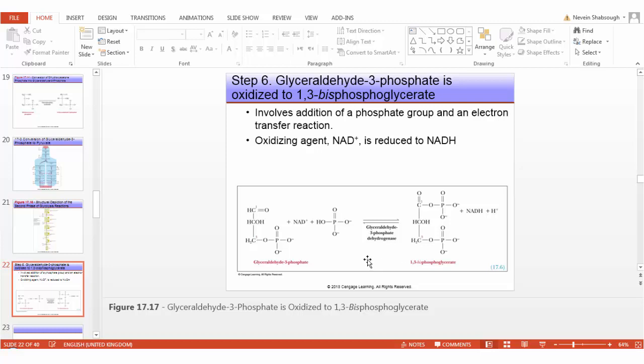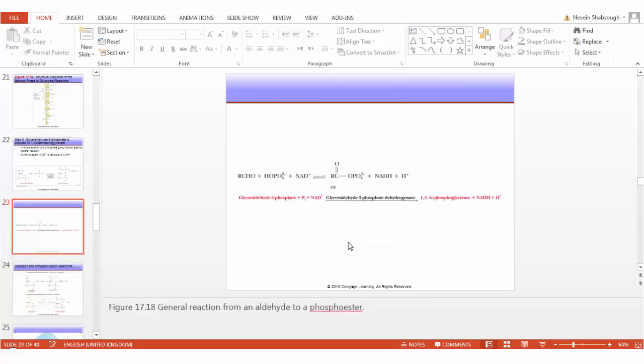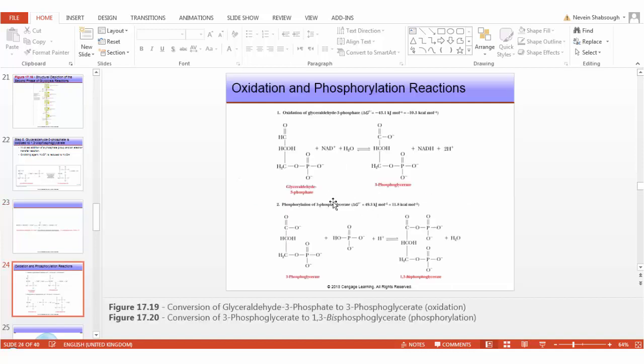You might think this is a single reaction. Actually, this is a combination of two reactions. The first one is the oxidation of glyceraldehyde 3-phosphate by NAD+ to form 3-phosphoglycerate. Here notice that the aldehyde is oxidized to the corresponding carboxylic acid.